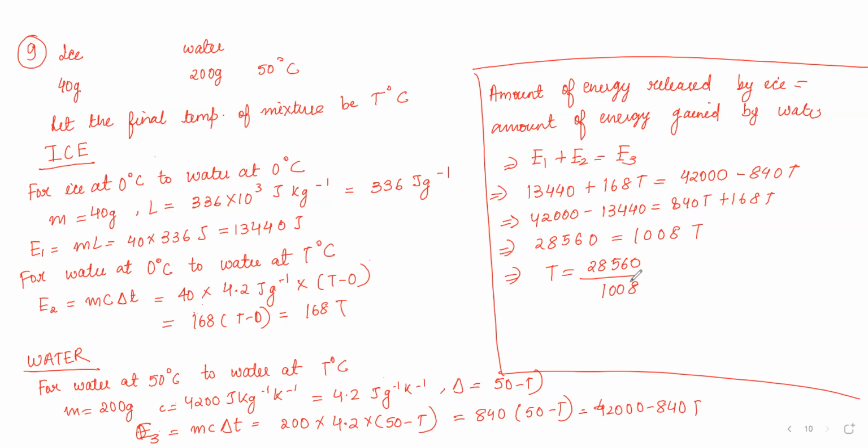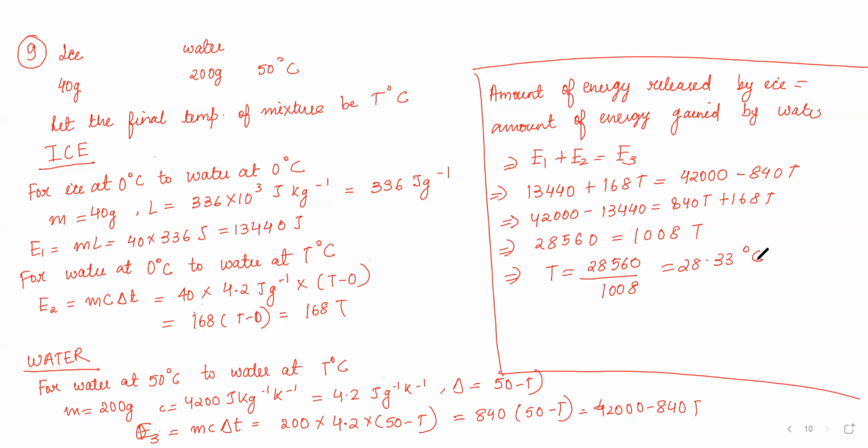We'll just calculate 28560 divided by 1008. So this is equal to 28.33 degrees Celsius. Okay, so this is what we are getting, 28.33 degrees Celsius. So this is your question number 9. It was an easy one, but the writing part is a lengthy one.